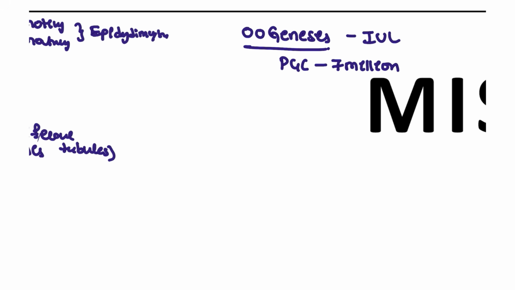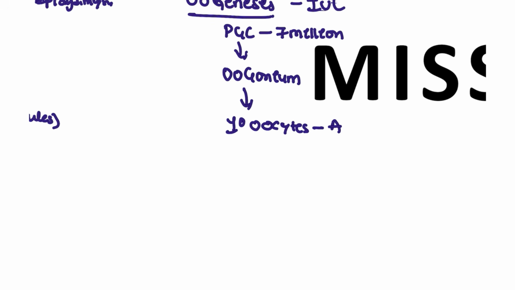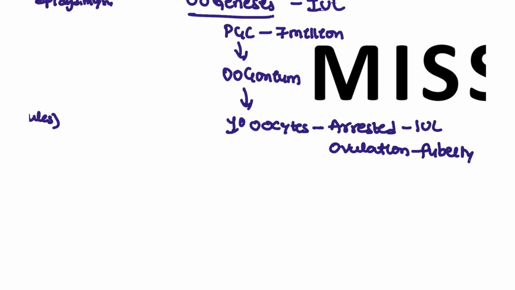That is what happens in oogenesis. It produces the oogonium, and the oogonium produces the primary oocyte. But this primary oocyte is arrested, and the arrest is released at the time of ovulation. So the arrest happens in intrauterine life, and ovulation happens at puberty. Once ovulation is done and the arrest is relieved, it produces the secondary oocyte and also a polar body.